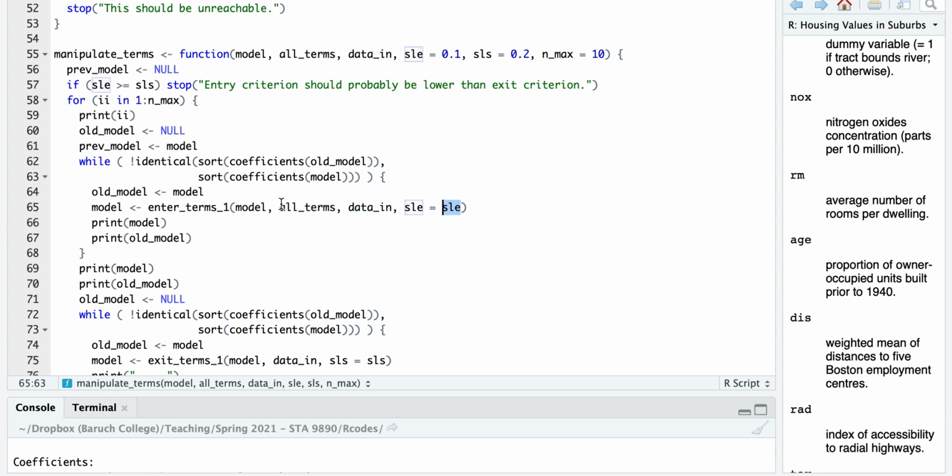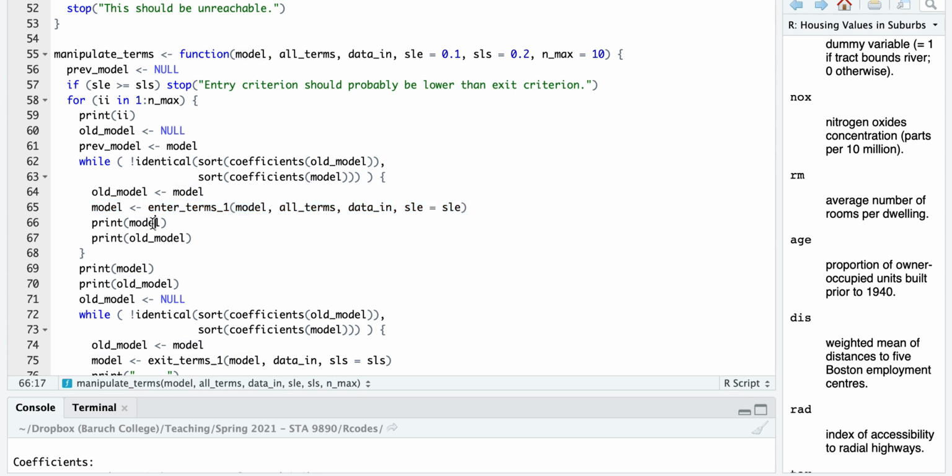What it does is it adds a feature. To whatever model this is, whatever predictors it has, it will look into all these terms that are not in this model and check the p-value of every single one of them, and the smallest one that passes this threshold will be added to this model.